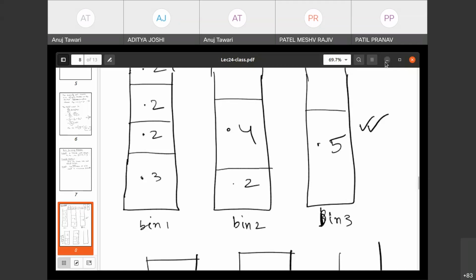But here, again, you might have to check for subsets, right? Because you would have to sum up some elements in the original array and then check whether those can be filled inside.